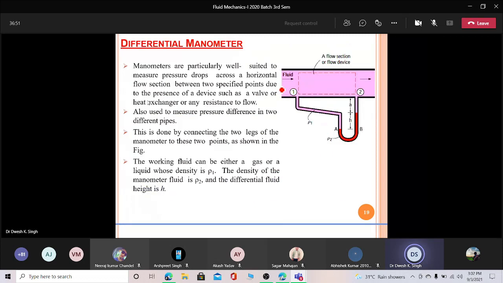Now, differential manometer, as I gave you some brief information. For the differential manometer, we require two different points or two different pipes. Means if this is our manometer, which is connected at two different points, obviously it is the pressure difference which governs the flow. At point 1 and at point 2, there will be some pressure difference.